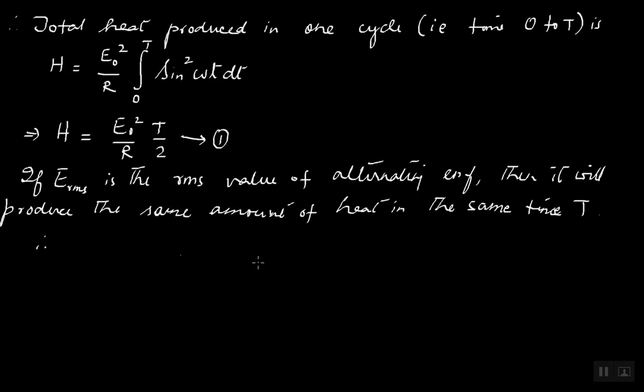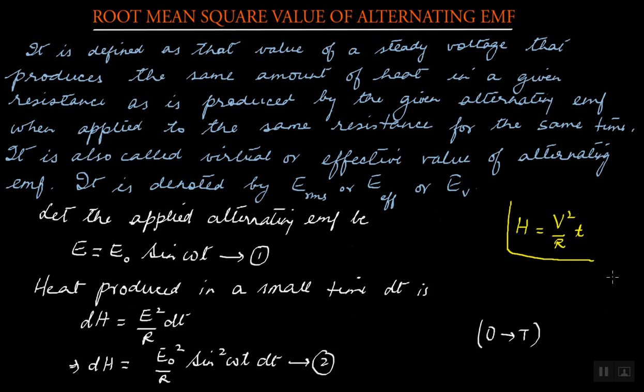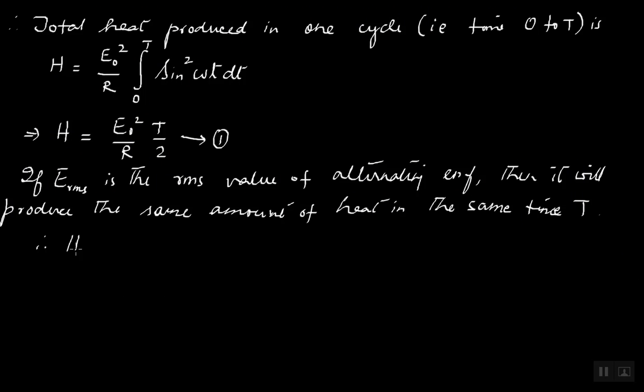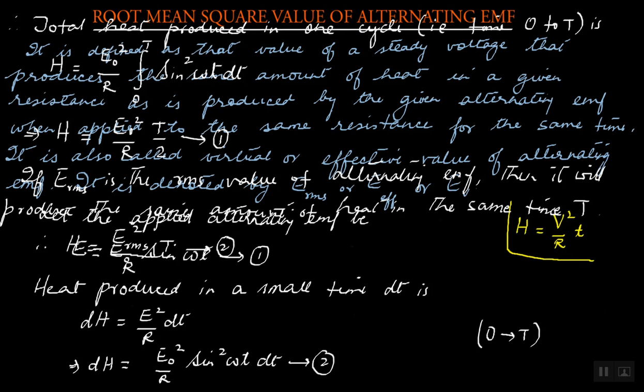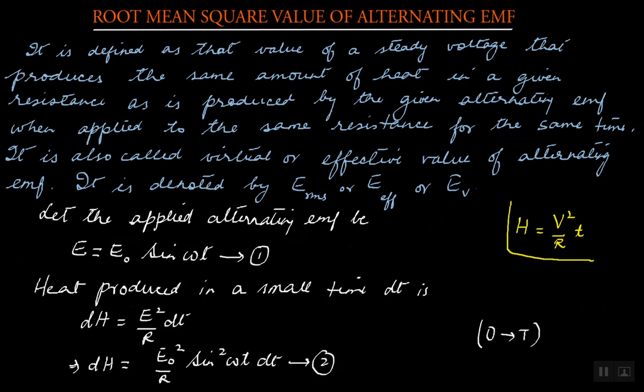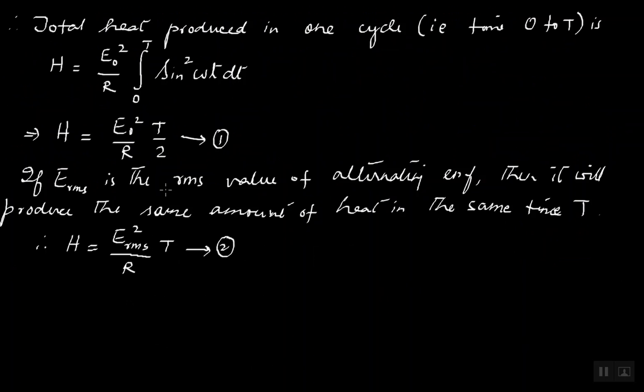So which formula are we going to use? We will use this formula, but instead of V we write E RMS, and instead of small t we write one cycle, that is capital T. So we have H equal to E RMS square by R times capital T. Equation 1 and 2 are already taken, so this will be 3 and this will be 4.